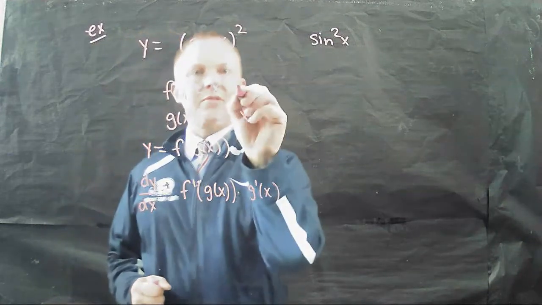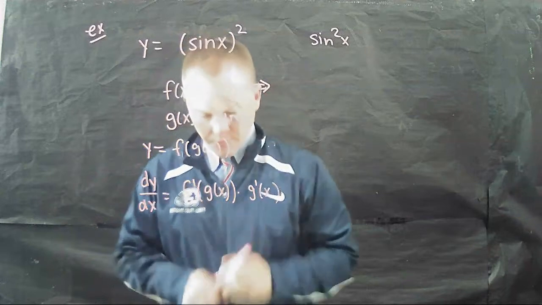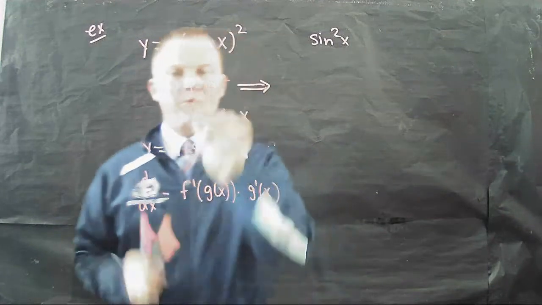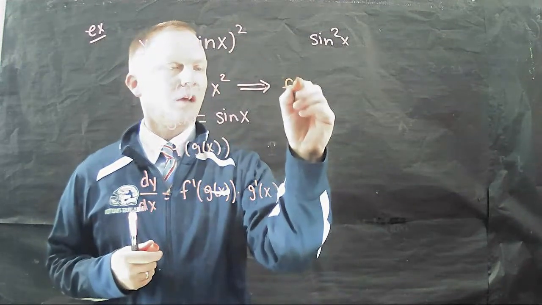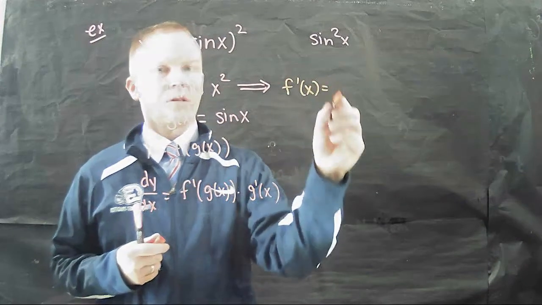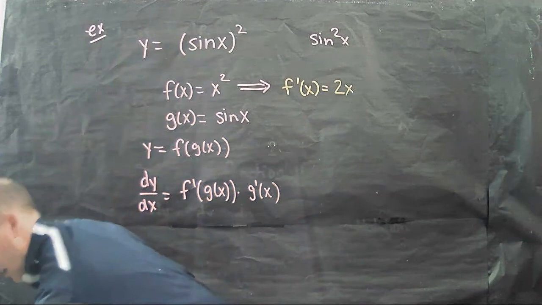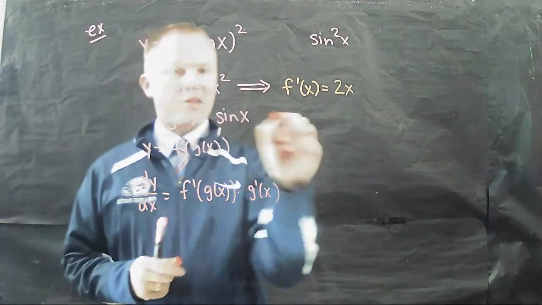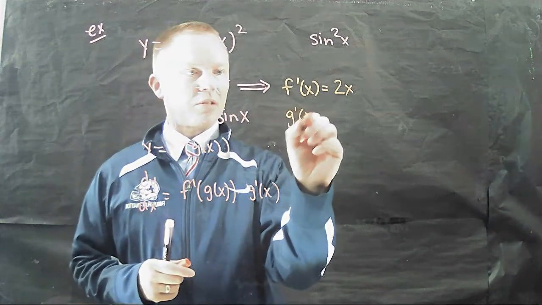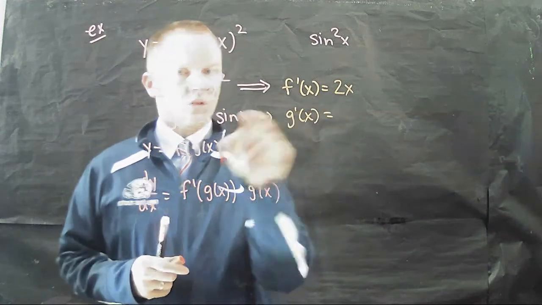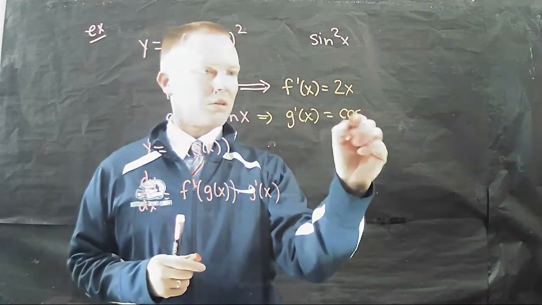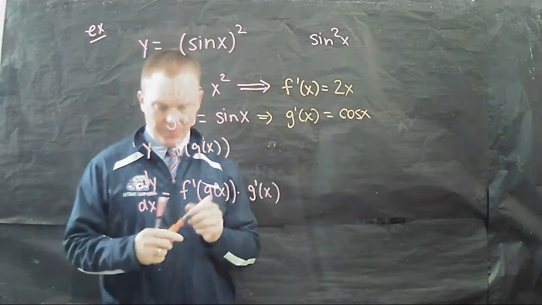So right here, tell me what f prime is. F prime of x is 2x, right? And then right here, tell me what g prime of x is. G prime of x is cosine of x, right?